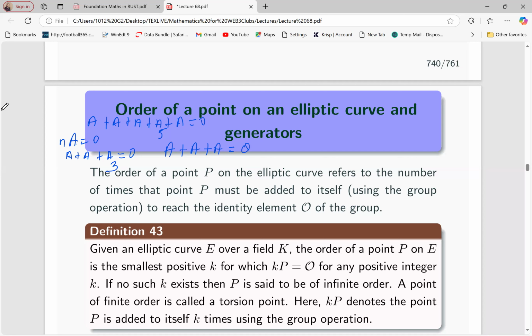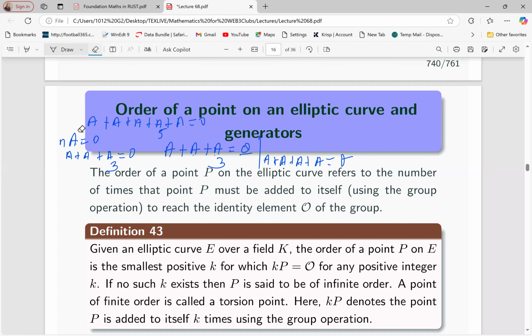So for instance, if A plus A plus A, 3 times, gives you the identity element, then the order of A is 3. If adding A 4 times gives you the identity, then the order of A is 4. That's what it means by order of an element. It's good to understand it before we do the examples.